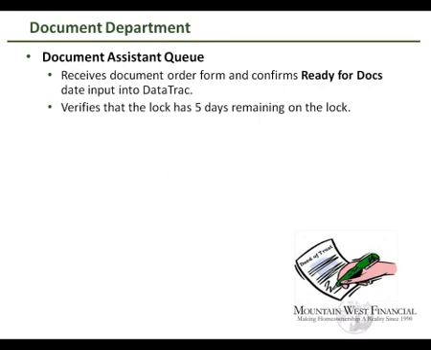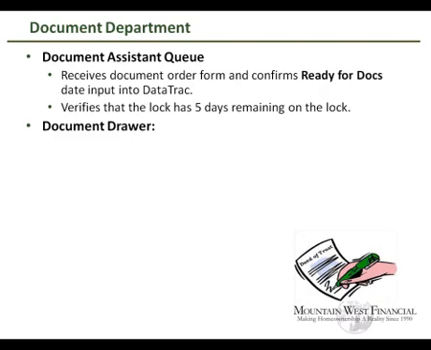The reason we have this policy in place is because once the docs are drawn, a redisclosed GFE cannot be issued, and if docs are drawn and the lock expires and the borrower is charged an extension fee, that extension fee triggers a redisclosure, which means the current loan docs are no longer valid and a full redraw must take place. And that's the reason why we require that there's 5 days remaining on that lock.